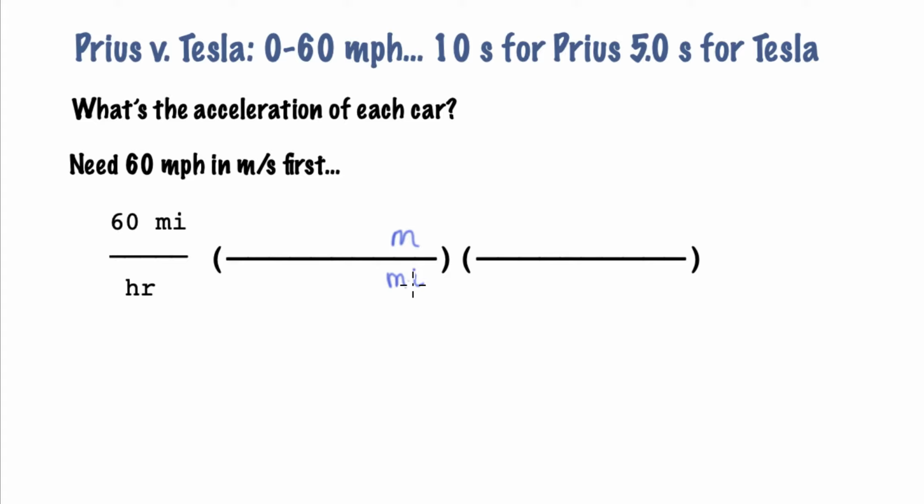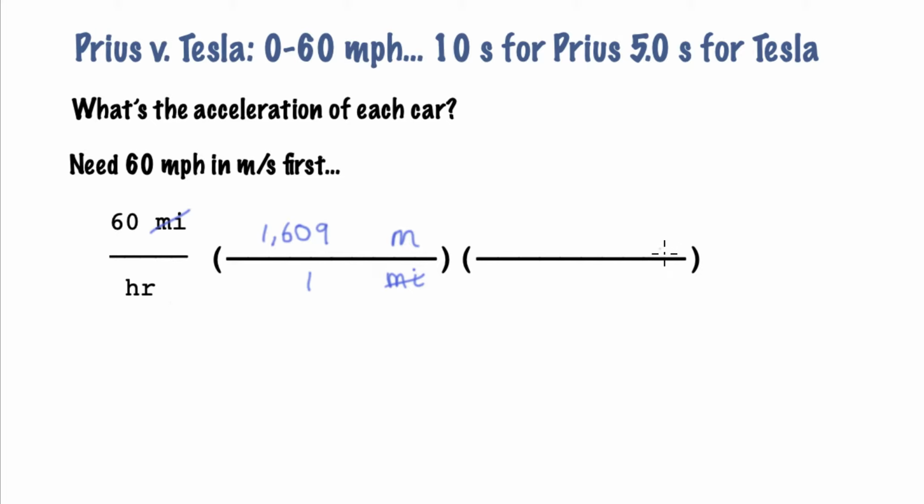We would want miles in the denominator because it appears in the numerator in the given quantity. And I happen to know that 1 mile is the same as 1,609 meters, give or take. That would get the miles to meters.